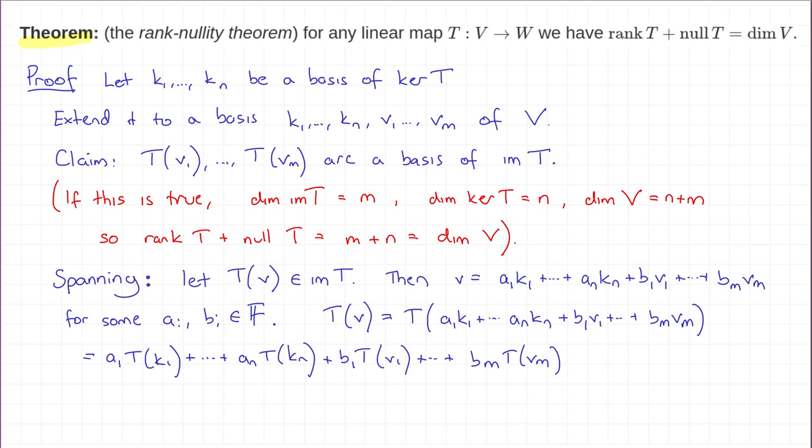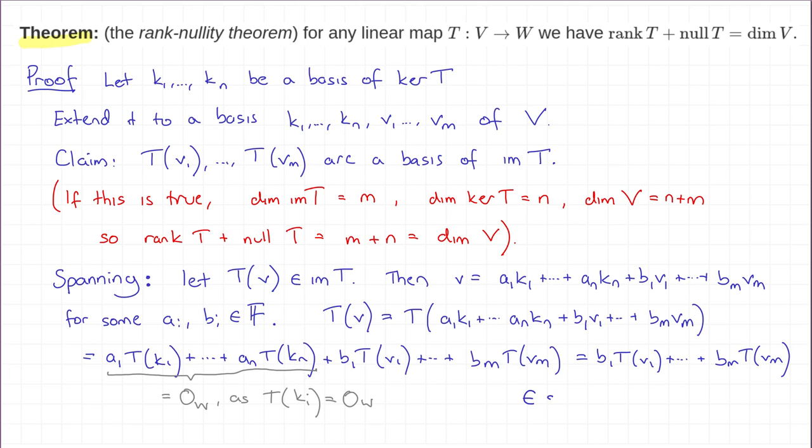So this whole part is equal to the 0 vector in W, as each T of ki is equal to the 0 vector in W, because ki is an element of the kernel of T. Alright, so what we have is just the same as b1 T of v1 plus b2 T of v2 up to bm T of vm, and that is visibly an element of the span of T of v1 up to T of vm.